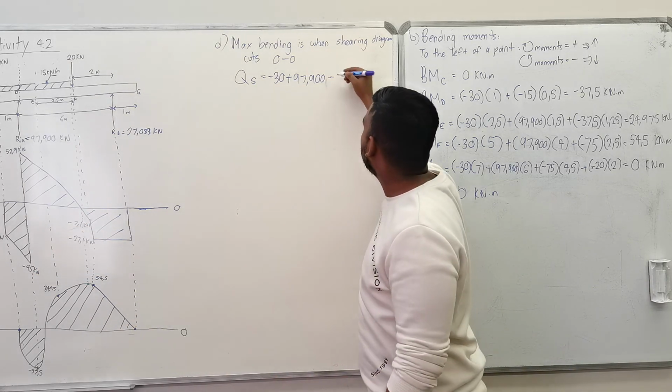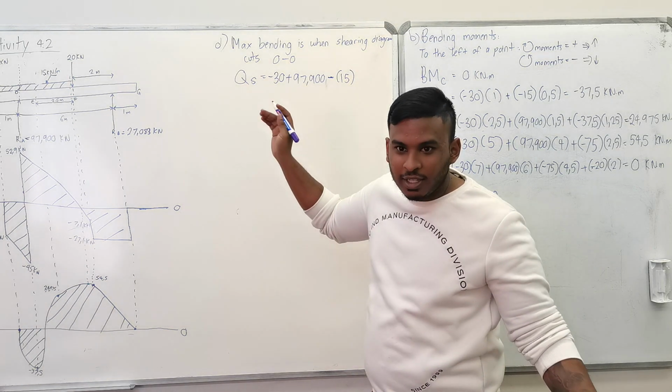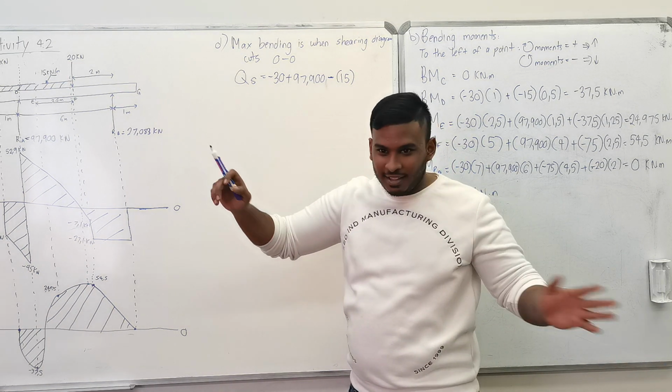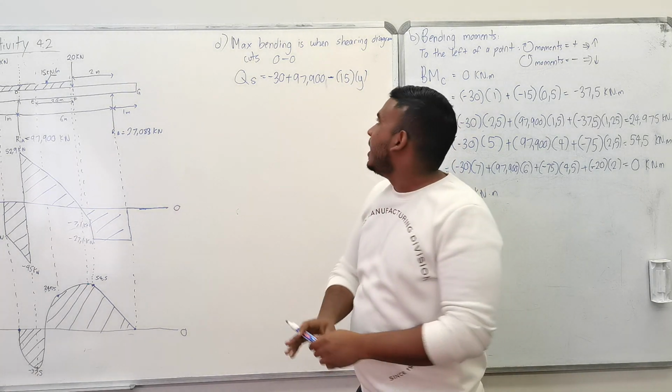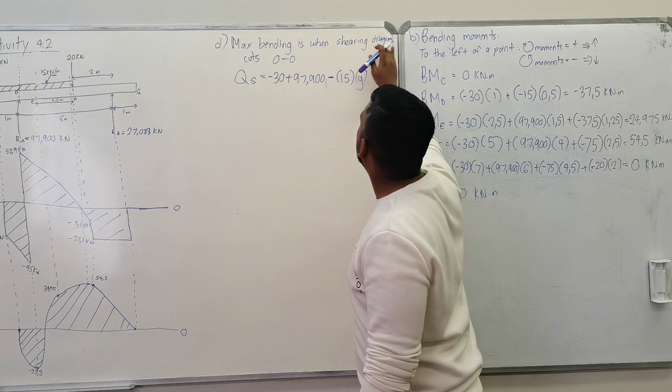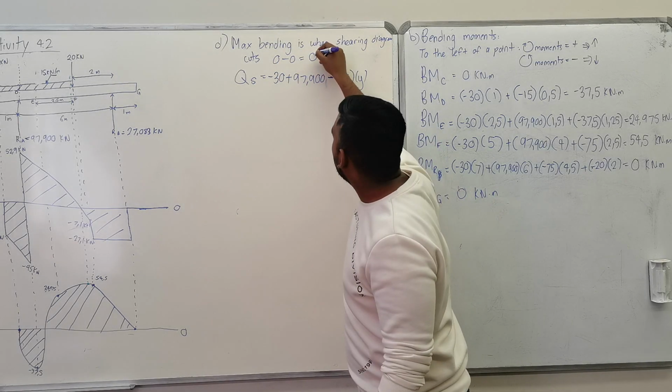So you would have said minus 15, and I'm going to call that distance y, unknown. Remember, your maximum bending moment is when your shearing diagram cuts 0. What would be your QS value?